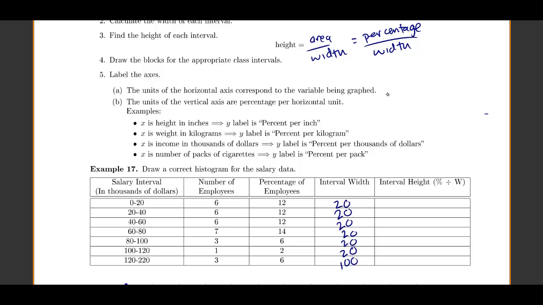Then for the interval height, again, all we have to do is percentage divided by width. So this will be 12% divided by 20, which gives us 0.6. And then my next percentage is 12 divided by 20, which gives me 0.6.